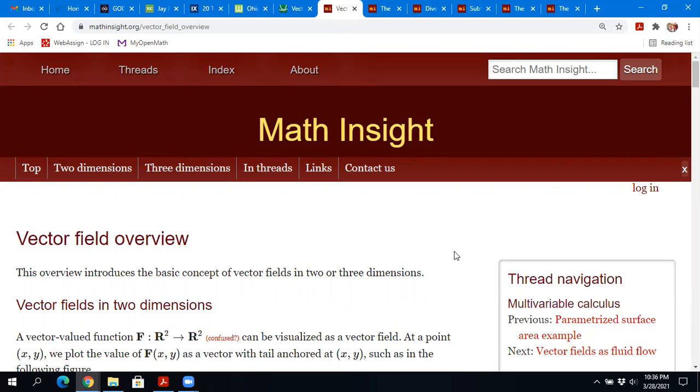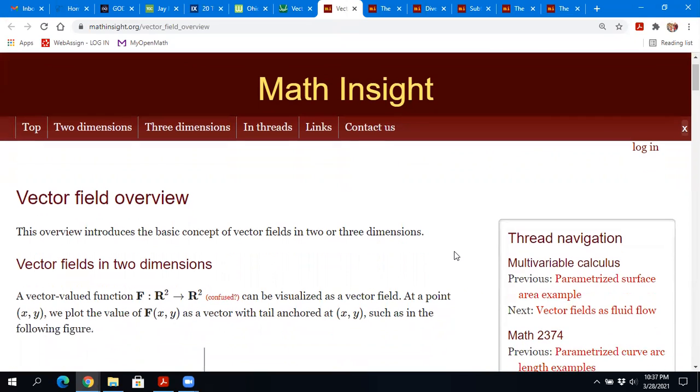They have fantastic learning threads that you can go through. You can look up lots of different topics. If you're ever in a math class and you're like, man, I don't know what's going on right now, you can always go to Math Insight and glean a lot from it. Find a thread and click through. Lots of times they'll have next and previous and recommended things that you can go to.